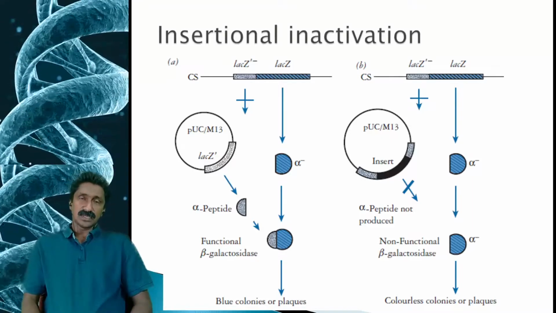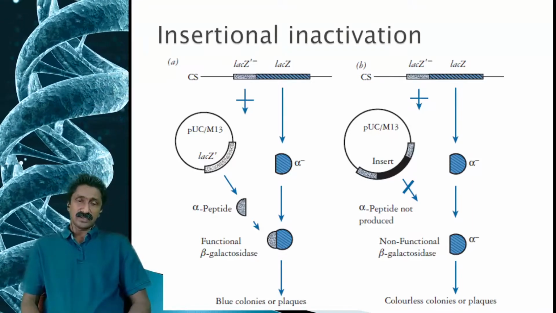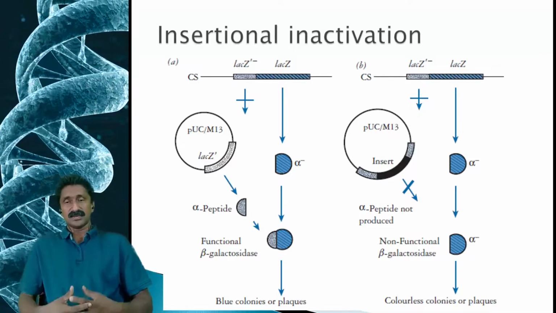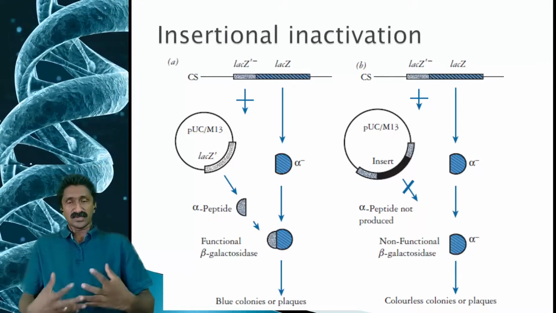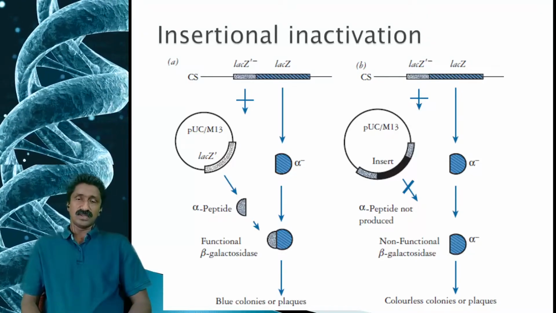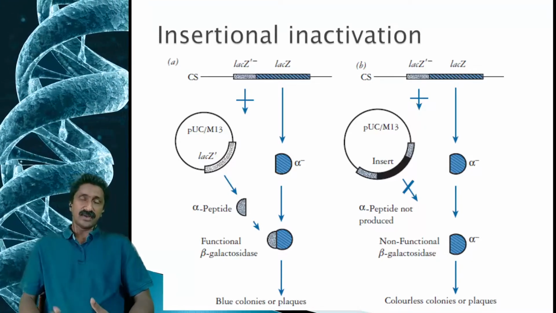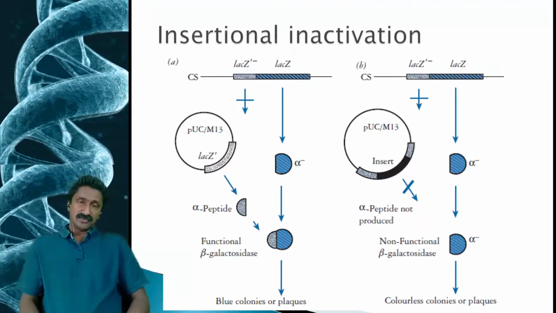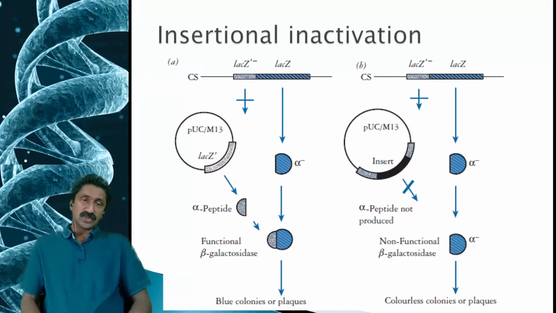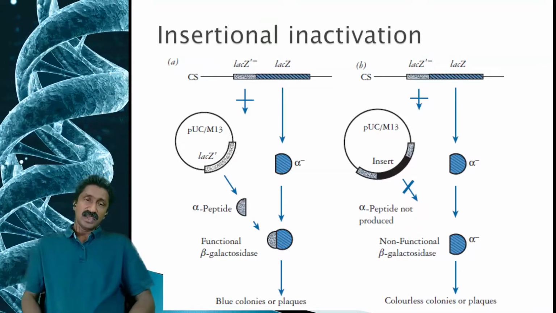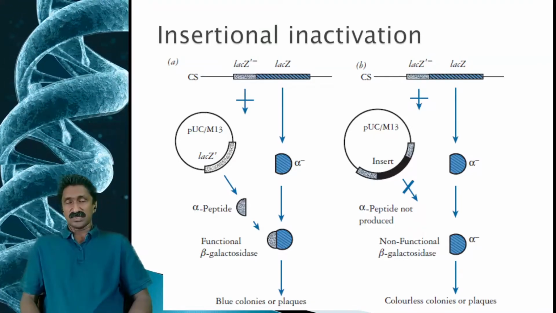So this is about the insertional inactivation that is based on the lacZ gene, and here the color is produced by the conversion of the X-gal by the beta galactosidase, and the fully functional beta galactosidase is produced only when there is a complementation done by the lacZ alpha carried by the vector. So if your insert blocks that sequence, then the alpha peptide is not produced in the transformed cell.